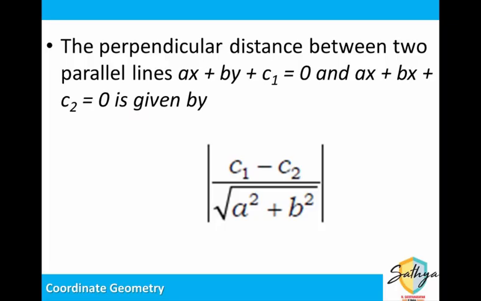Now, supposing we are asked to find the perpendicular distance between two parallel lines. We know that parallel lines have the same a and b values. The only thing which changes is the value of c.